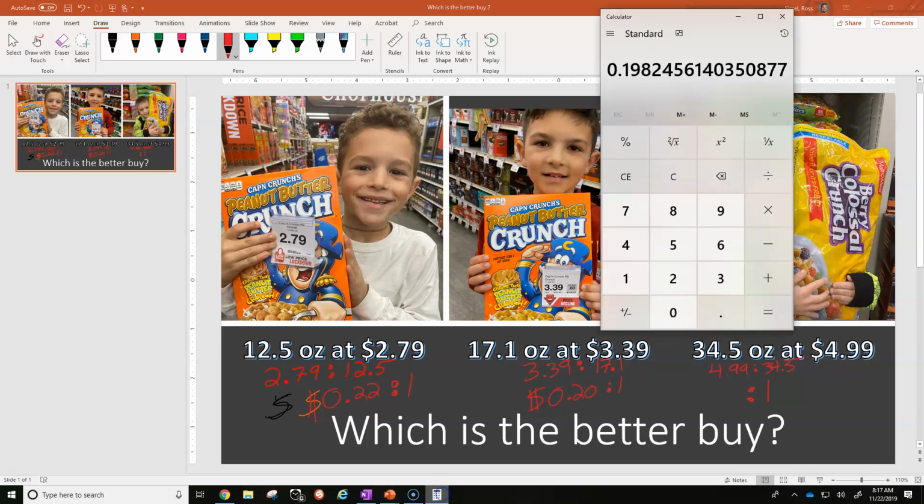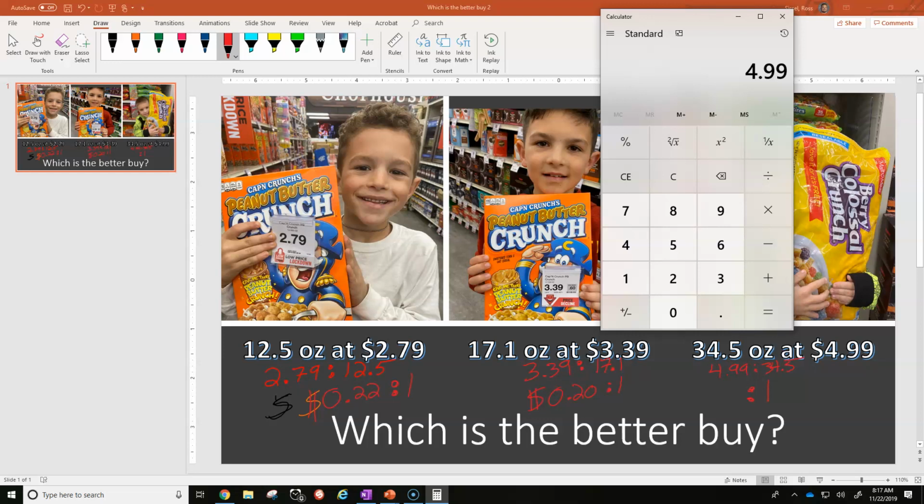It's about 29 cents. Think his is going to be 29 cents? Jackson? Oh, you looked it on a calculator. Cheater. I like it.